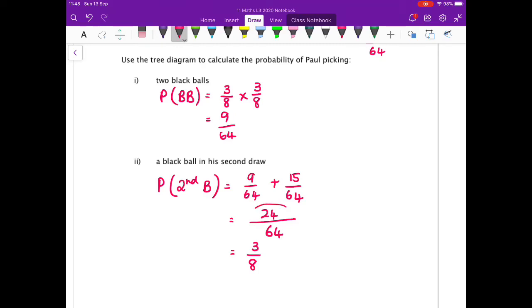Remember, when you have a fraction, it always has to be in its simplest form.